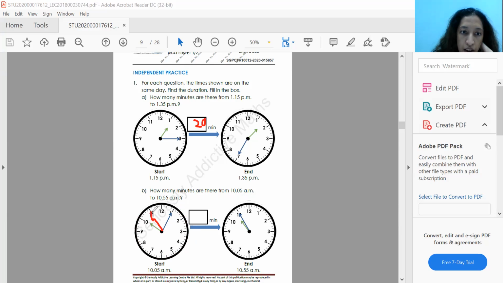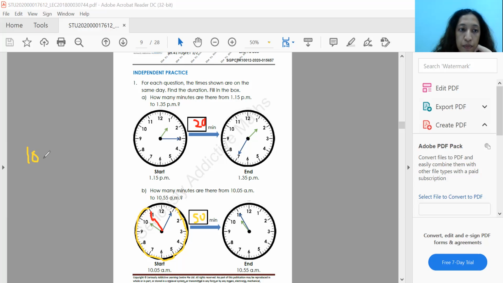At 55. So from here would be 5 minutes, 10 minutes, 15, 20, 25, 30, 35, 40, 45, 50. So 50 minutes. Or you can use your fingers. 10:05, 10:10, 10:15, 10:20, 10:25, 10:30, 10:35, 10:40, 10:45, 10:50, 10:55. So that is 50 minutes in total.